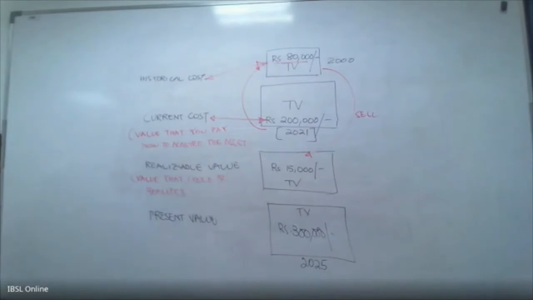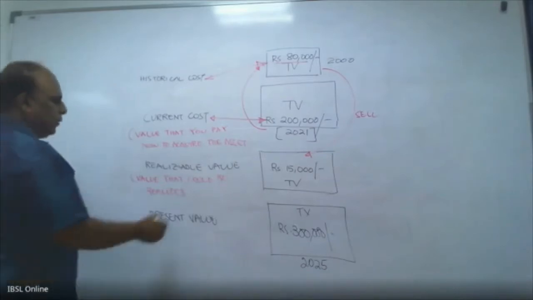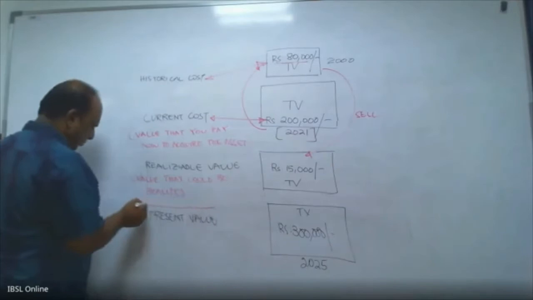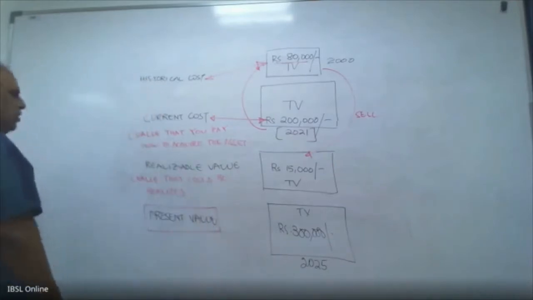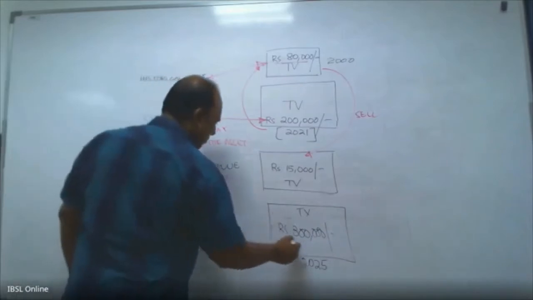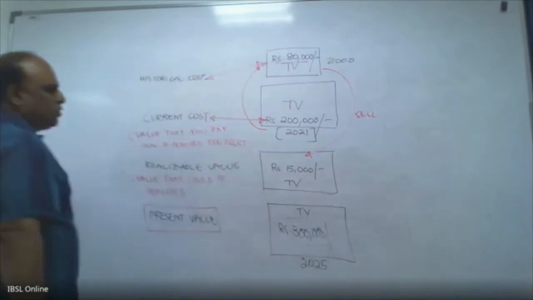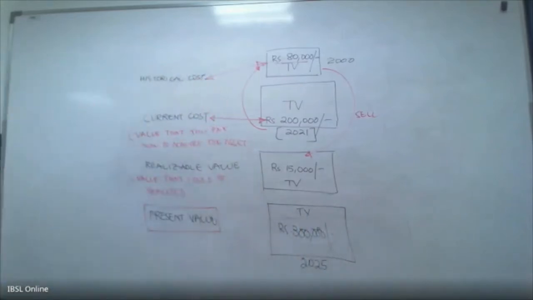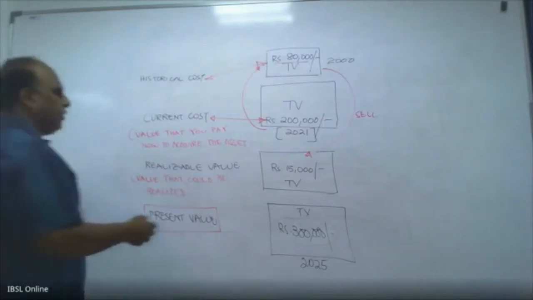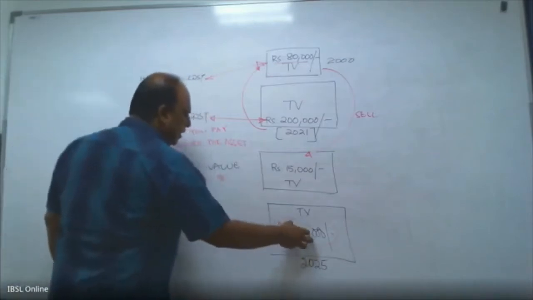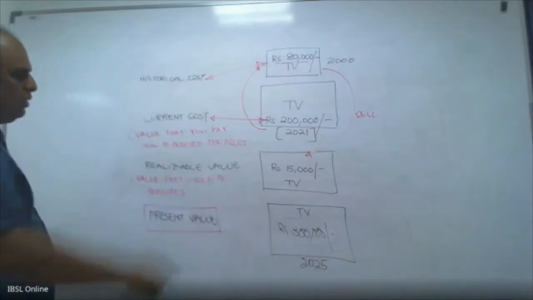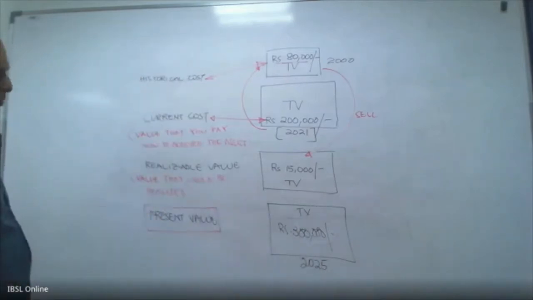Right? The present value is a little tricky. Okay? It's not actually this 300,000. Now, suppose you are thinking about buying a TV in 5 years' time, you estimate the value to be 300,000 after 5 years' time, that is in 2025.